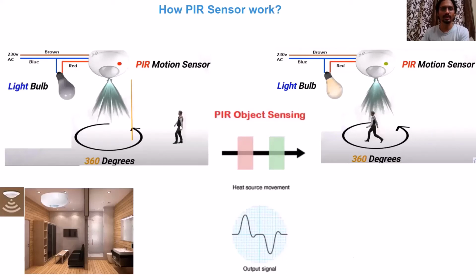When the moving object comes into the detection range of the sensor, say in this position, the PIR sensor produces a positive differential change in the output signal, and when this moving object moves away from the detection range, the PIR sensor generates a negative differential change in the output signal. From these two types of change, the PIR sensor can detect the motion of an object which emits infrared radiation. This sensor basically doesn't give information on who or what moved. For that, we have to go for an imaging sensor.